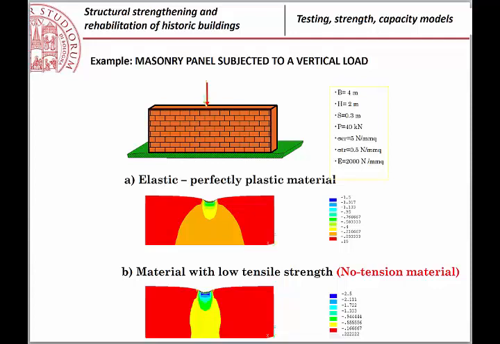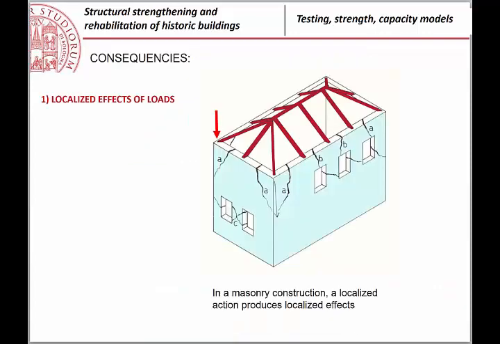Okay, this is exactly the same idea with just a different example. What are the consequences of having localized effects which are not able to distribute over an area? For example, this is one consequence.